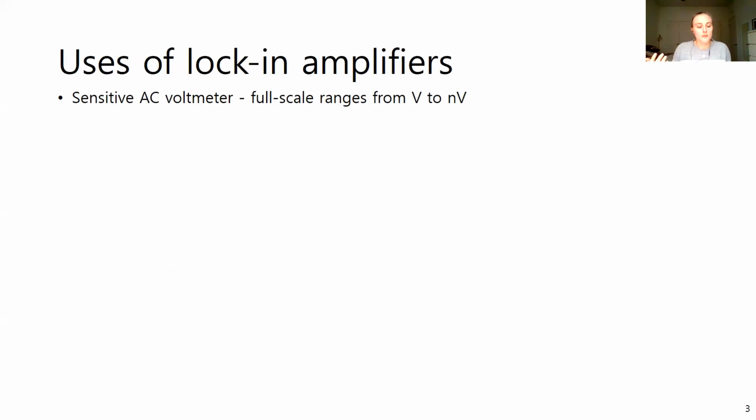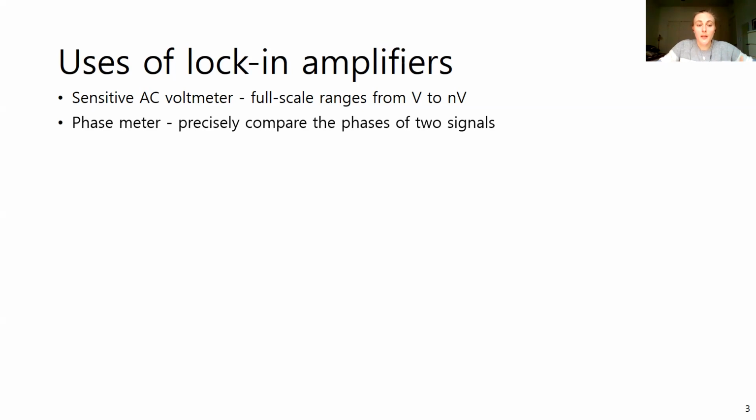A lock-in amplifier is a very sensitive instrument that you can use to detect signals with a very low signal to noise ratio. We talked about that last week when we were going over all the sources of noise. It's done by comparing an input AC signal to a reference. Some of the applications it's used for: a very sensitive AC voltmeter, where it can range all the way down to nanovolts.